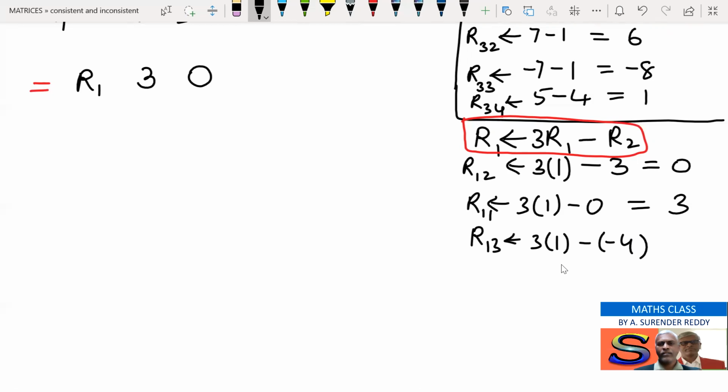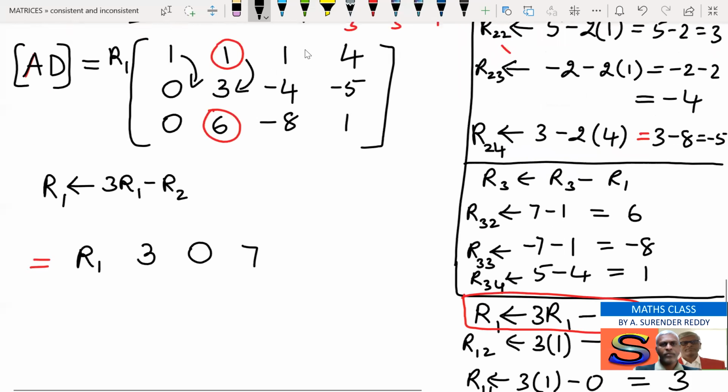So 3 into 1, 3 minus 4, that is 7. And third అయిపోయింది. Fourth: 4 minus 5. సో ఇవి రెండు తీసుకున్నాం, తర్వాత ఇవి రెండు తీసుకోవాలి. 4 and minus 5.